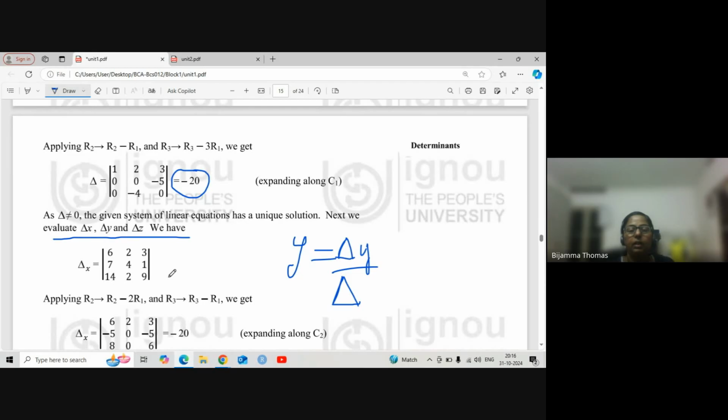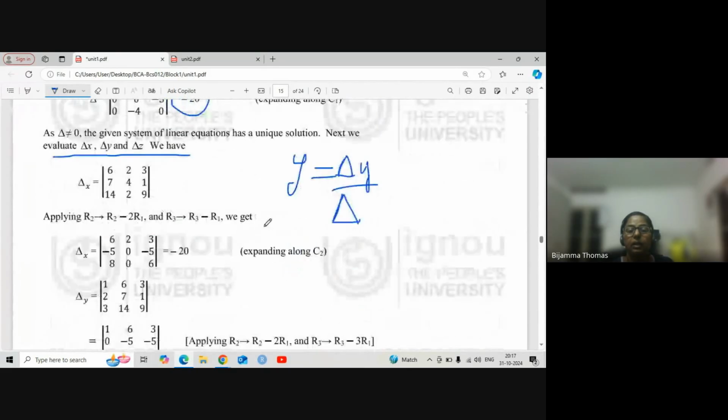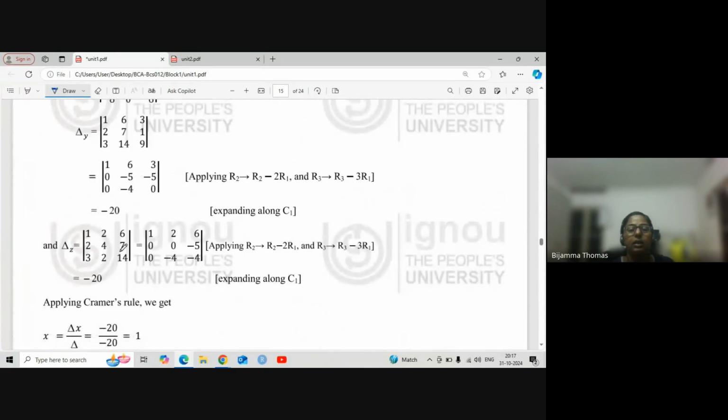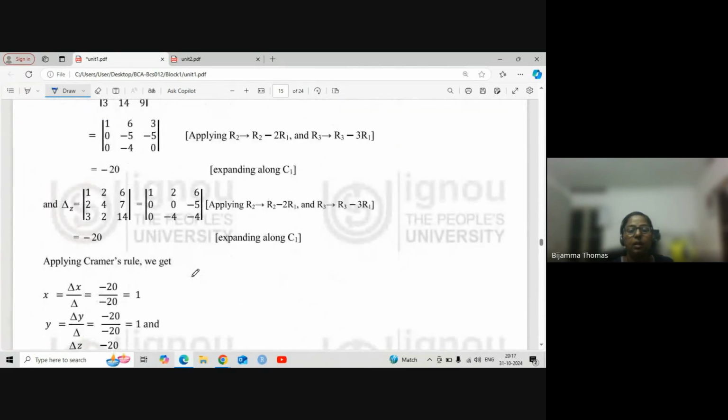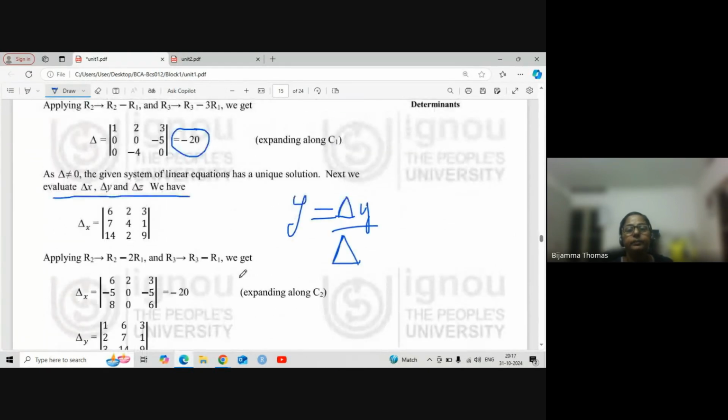Delta y will be, in delta, the second column replaced by the right hand side constants. Similarly, z will be equal to delta z by delta, so for delta z the third column will be replaced by the right hand side constants. Evaluate these 3 determinants and identify the values of x, y, and z. Is it clear?